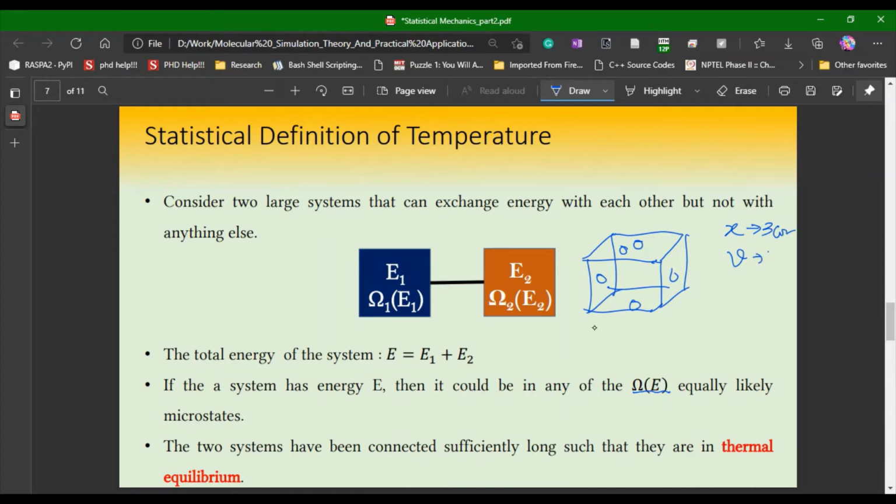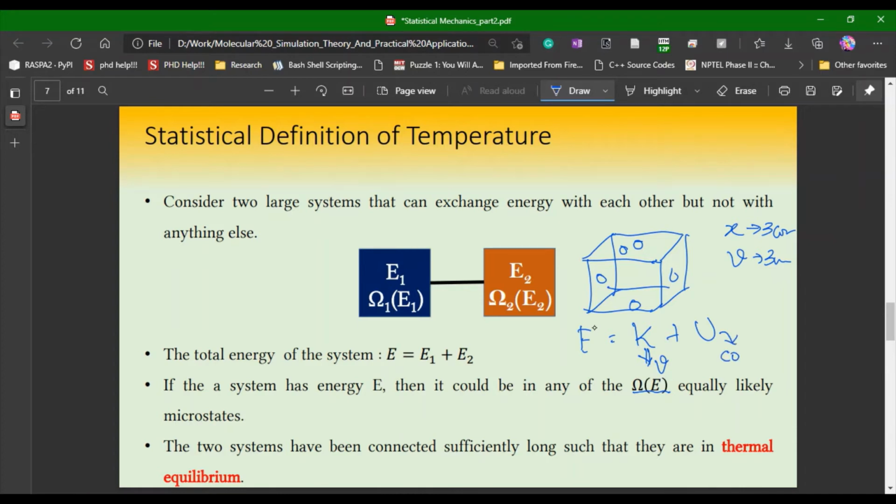The energy of the system is given by the total energy, that is the kinetic energy plus the potential energy. The kinetic energy is defined by the velocities of the particles, and the potential energy is defined by the positions of the particles.